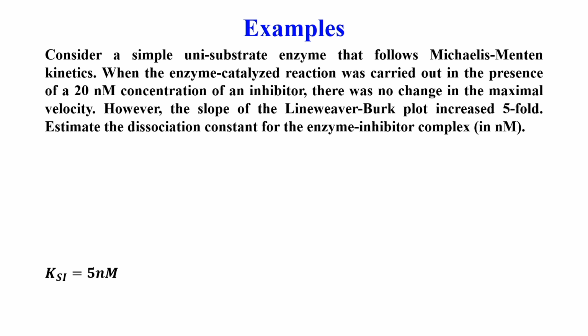One more example we can see. Consider a single unisubstrate enzyme that follows Michaelis-Menten kinetics. When the enzyme catalyzed reaction was carried out in the presence of 20 nanomolar concentration of an inhibitor, there was no change in the maximum velocity. It means Vm apparent equals Vm.